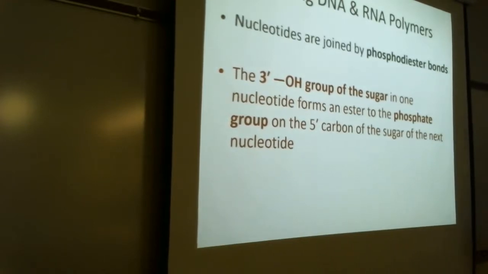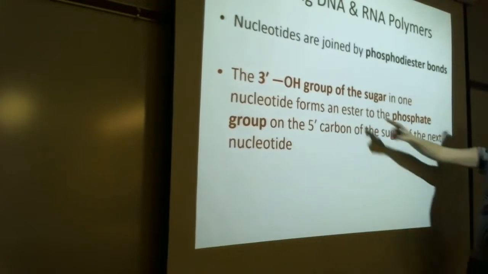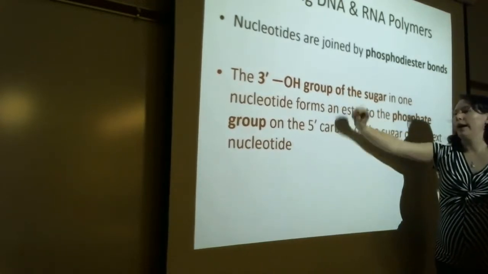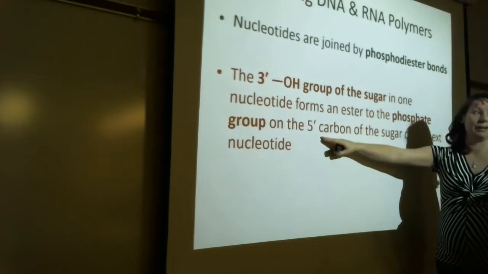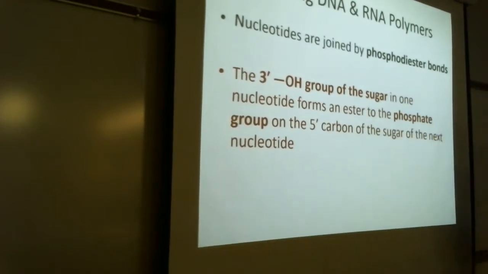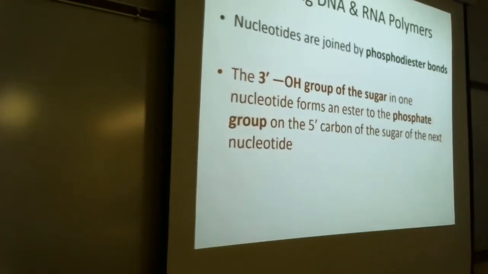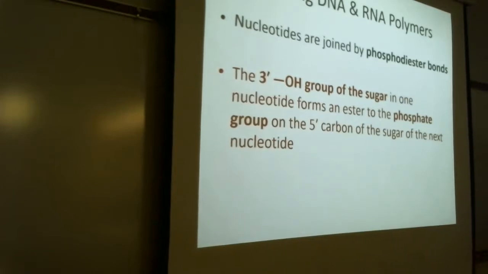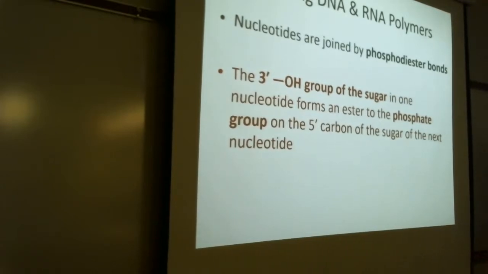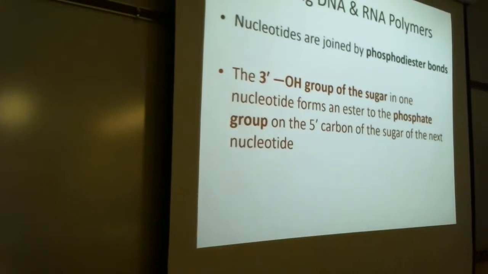I'll give you a second to jot that down. The 3' sugar OH and the 5' of the carbon next door's phosphate group. We call that a phosphodiester bond. I'll show you a picture in a minute. 3' OH group and the 5' phosphate group.